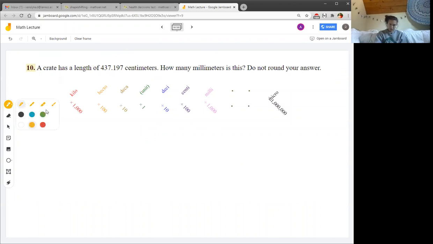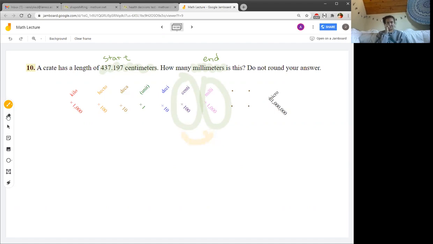Okay, so same thinking as before. We're starting with centimeters. We're going to millimeters. Starting with centimeters and going to millimeters? Yep. So wouldn't that be a one placement jump? We're starting at centa, we're going to milli, so it's 1 scoot.